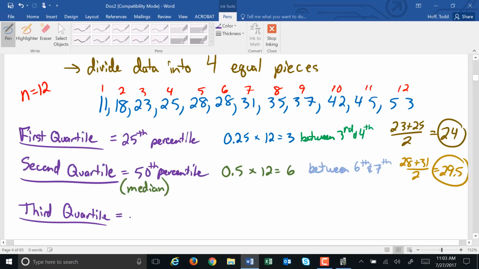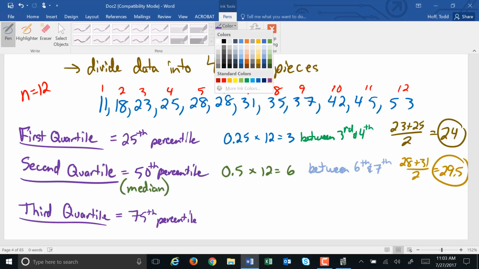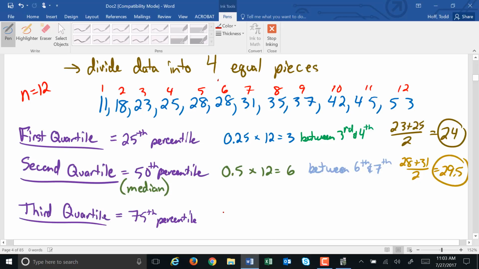The third quartile is the 75th percentile and will be found by doing 0.75 times 12, which is 9.